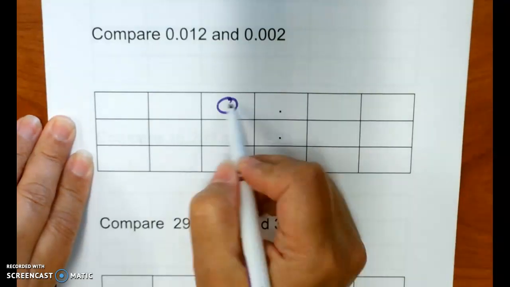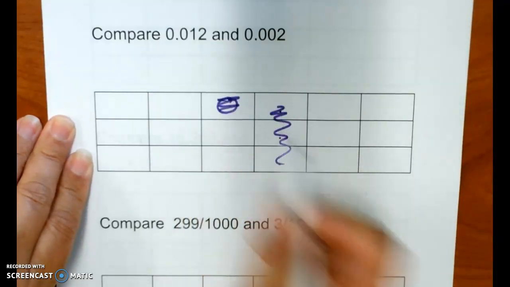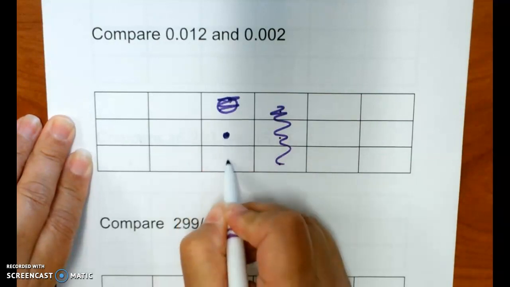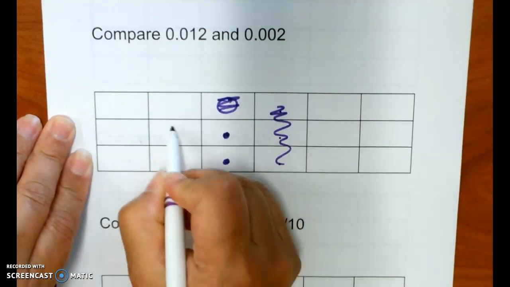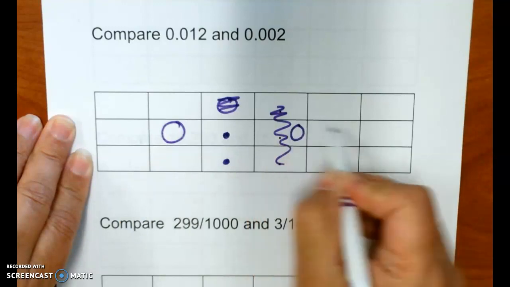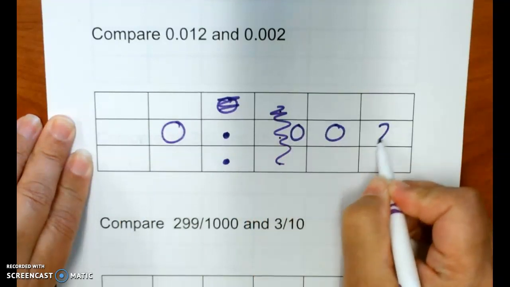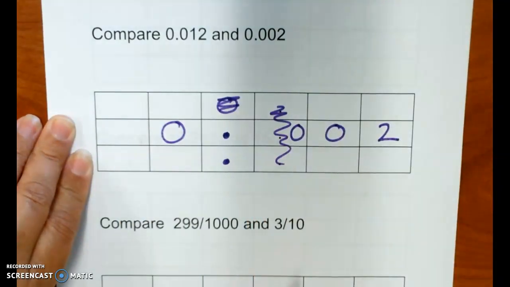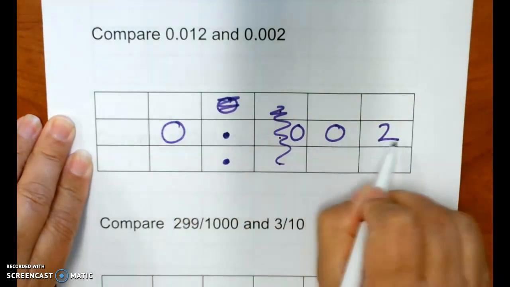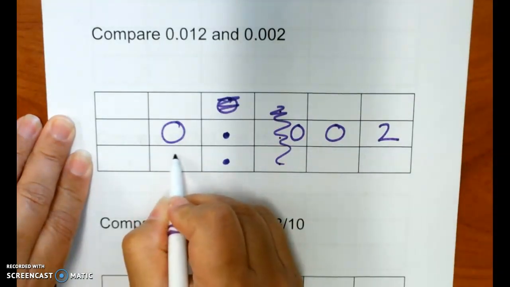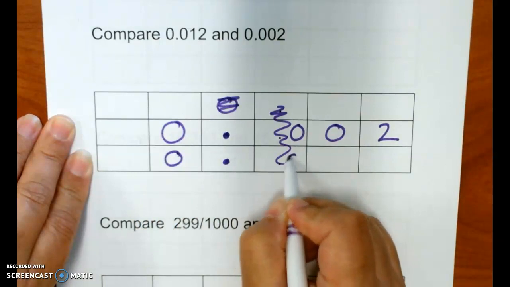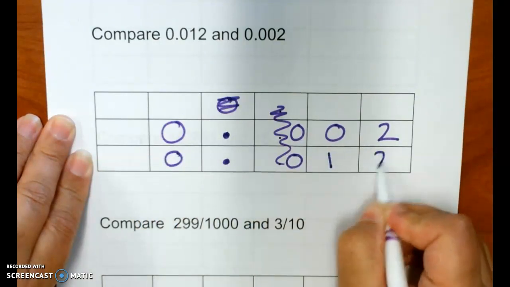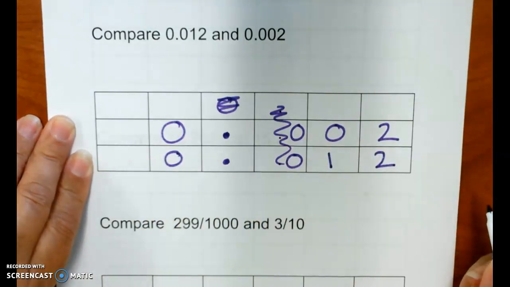Alright, so we're just going to fix this. We're going to put our decimal point over here, and we have 0, 0, 0, 2. That is 2 thousandths. 0, 0, 1, 2 is 12 thousandths.